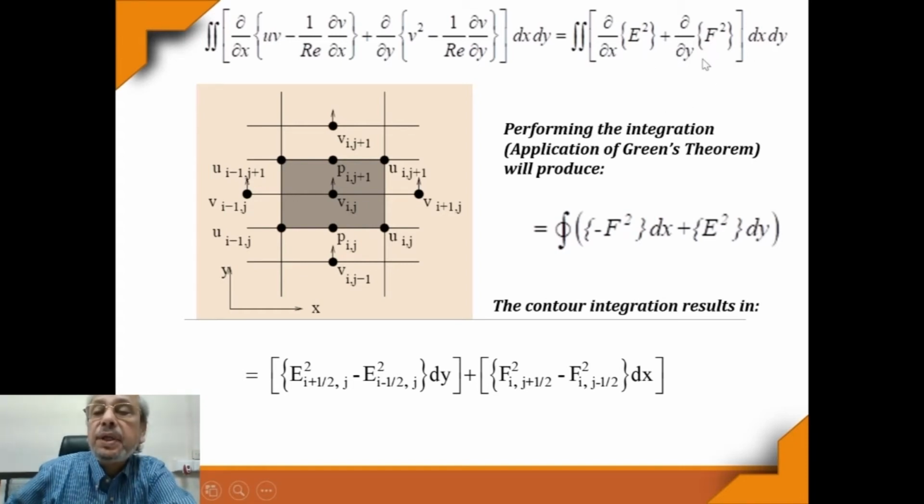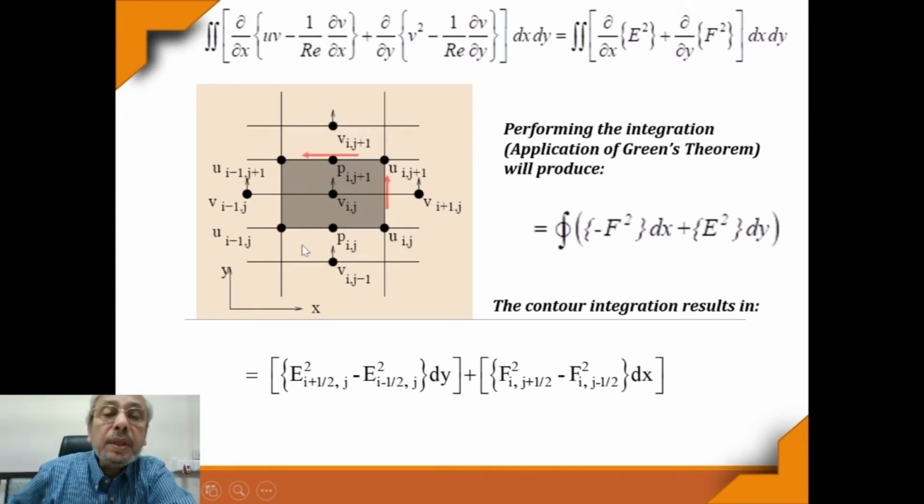Now performing the integration and applying Green's theorem, we can write this surface integral as the contour integral of minus F2 dx plus E2 dy. So E2 first will be integrated, then minus F2 will also be integrated. This is a contour integral and will follow a cyclic integral.